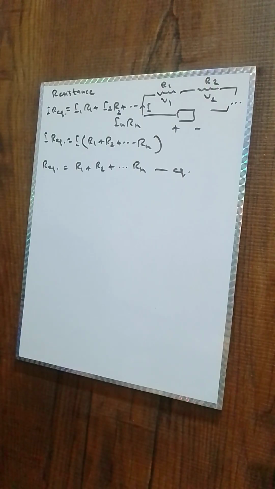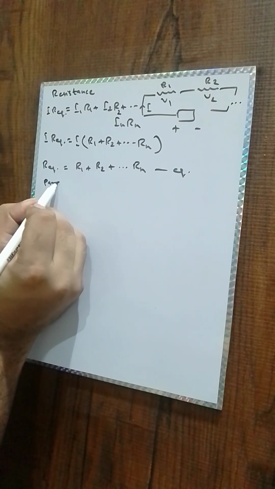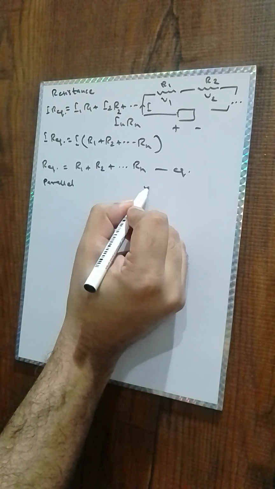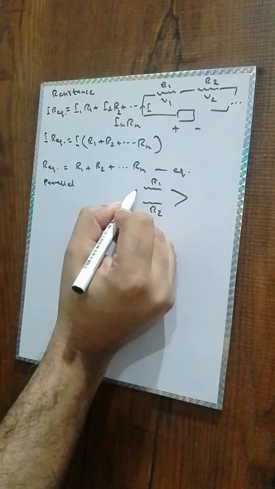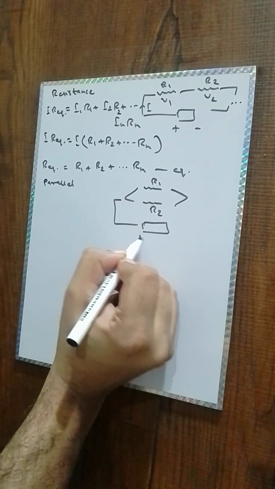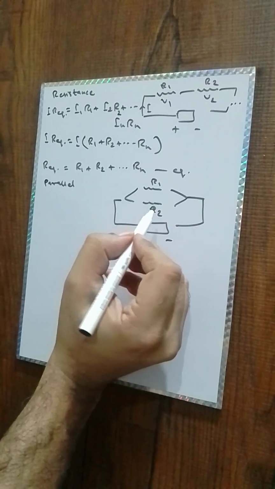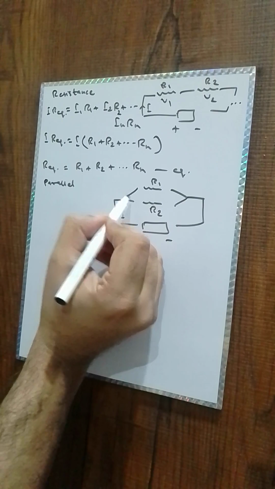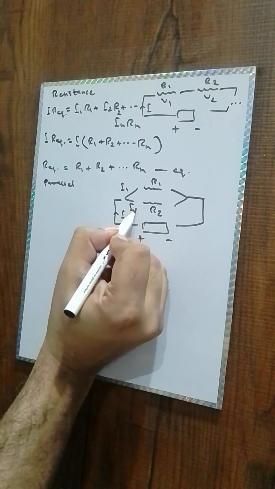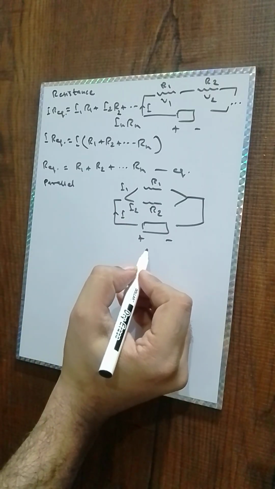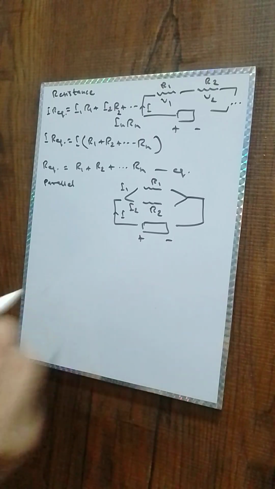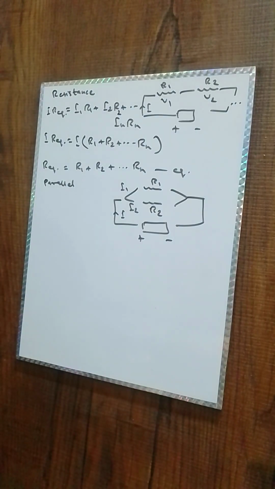Okay, and after that we have this thing in parallel. Now we discuss the resistances in parallel, and the situation is R1, R2, okay, and we have this current here, and this splits into I1 and this here I2, and we have the same voltage across the resistors.